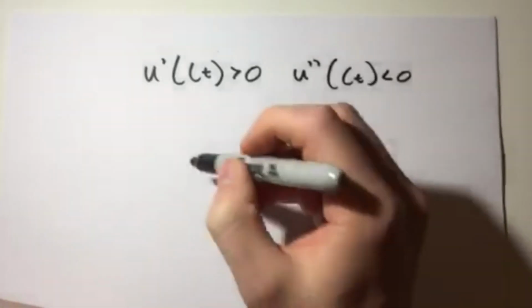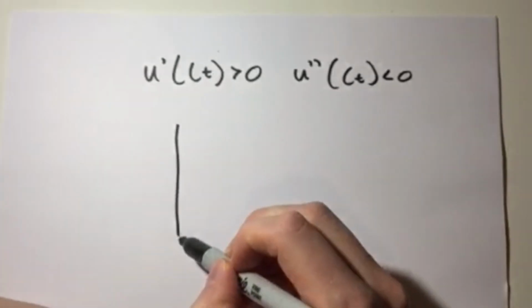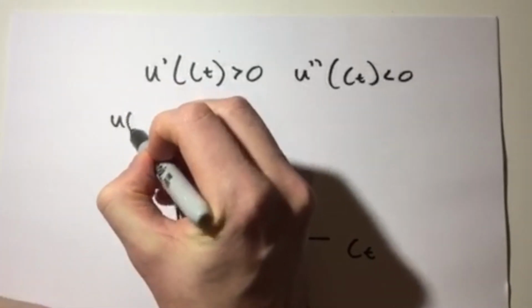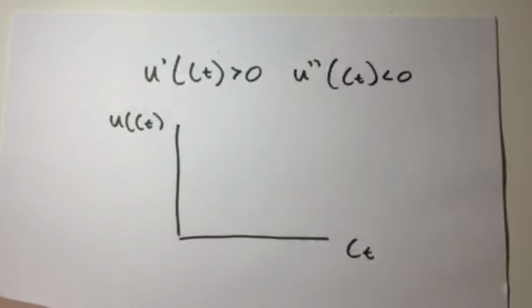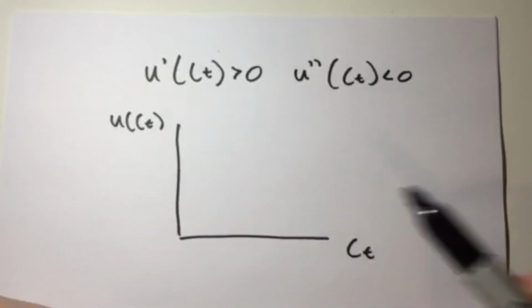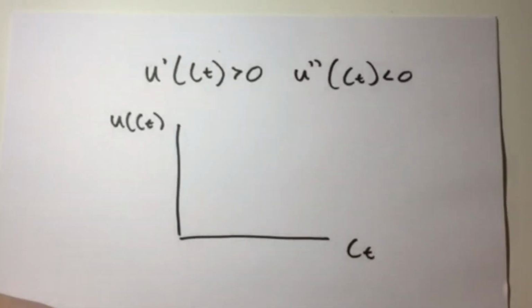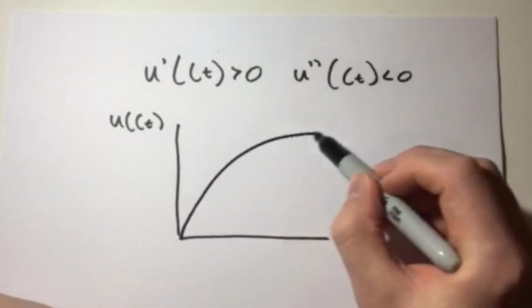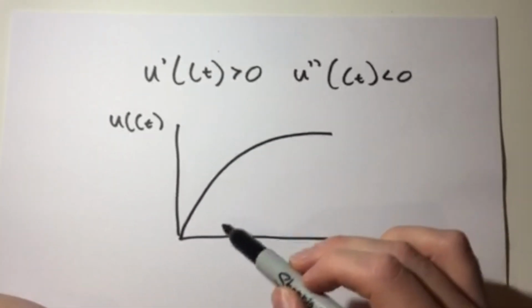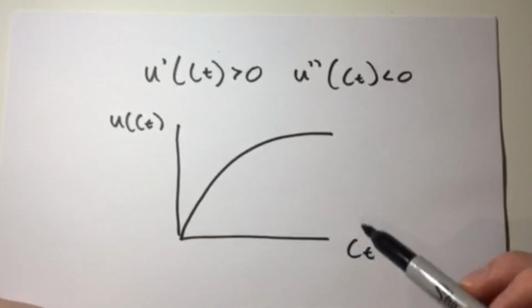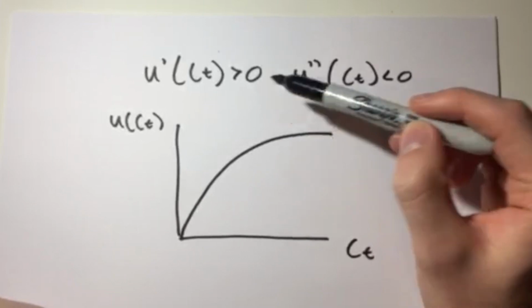And to better understand this, we can draw it on a graph. So let's just have Ct on the x-axis and u of Ct on the y-axis. Not very straight, I know, but when you're in an exam, for example, make sure you do draw this with a ruler. But our function is going to look something like this. So as Ct increases, utility does increase. So it is increasing. That's why the first derivative is greater than 0.